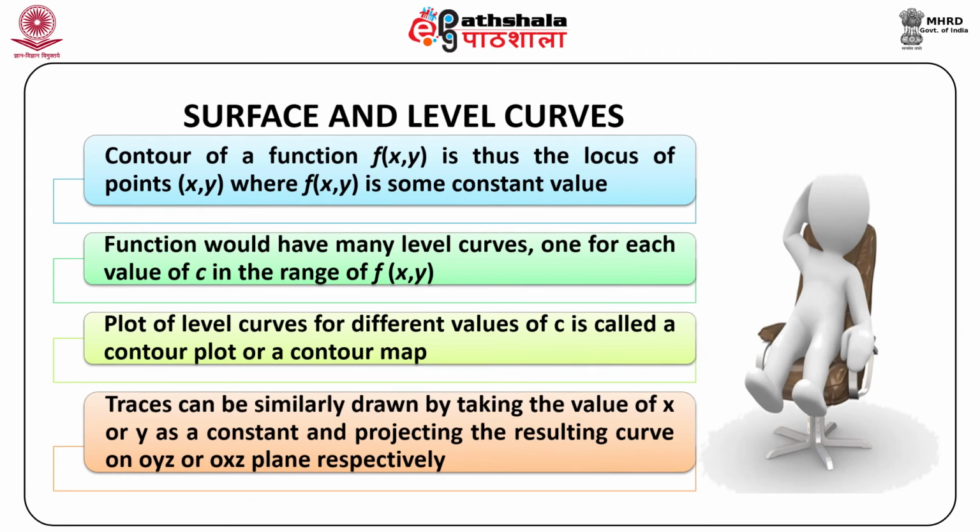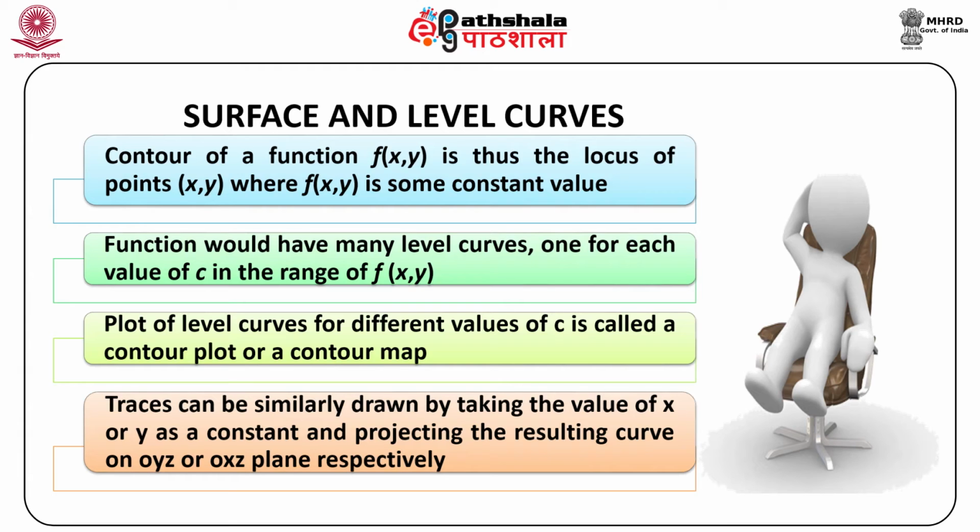The contour of a function f(x, y) is thus the locus of points (x, y) where f(x, y) is some constant value. It is a cross-sectional plot of the surface taken at a constant value, say z is equal to c, and projected on the OXY plane.